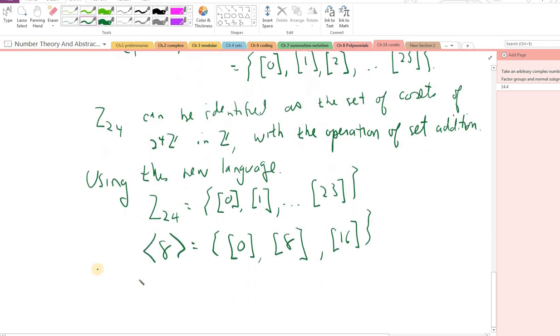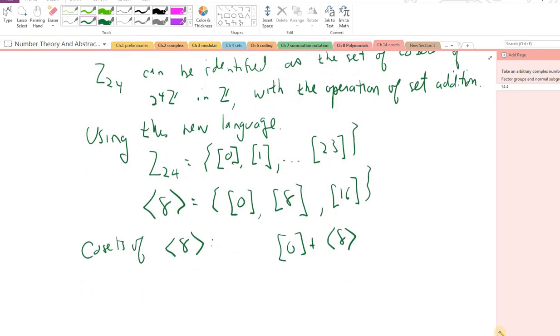All right, so what about the cosets of angle brackets 8? One of them is angle brackets 8 itself, which we can write as 0 plus angle brackets 8. All right, what's another coset? Would it be 1 plus angle brackets 8?